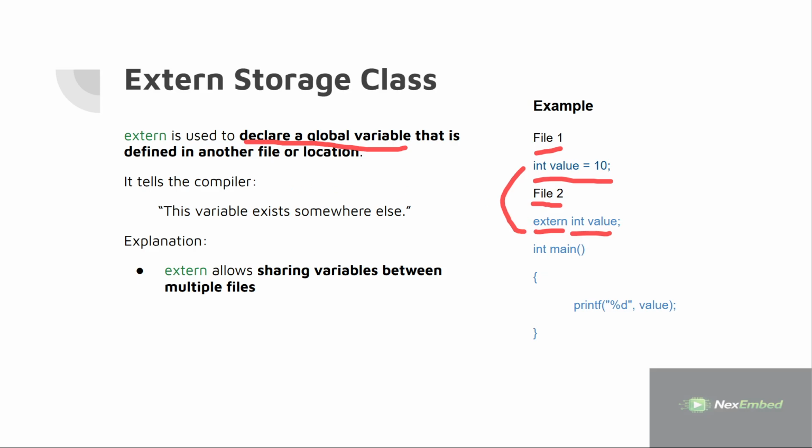When my compiler starts to execute this extern, it tells the compiler that the variable is present somewhere in the program or somewhere in the project. So extern allows us to share the variable between multiple files. That's about the extern storage class.